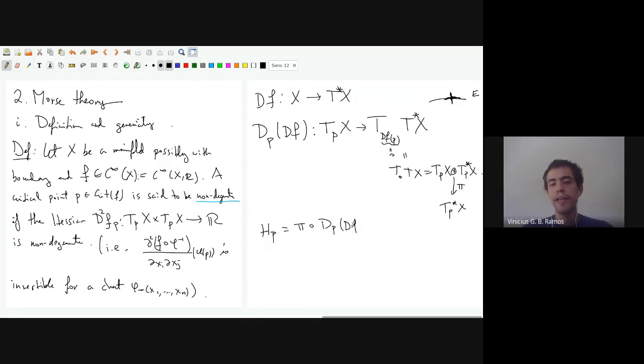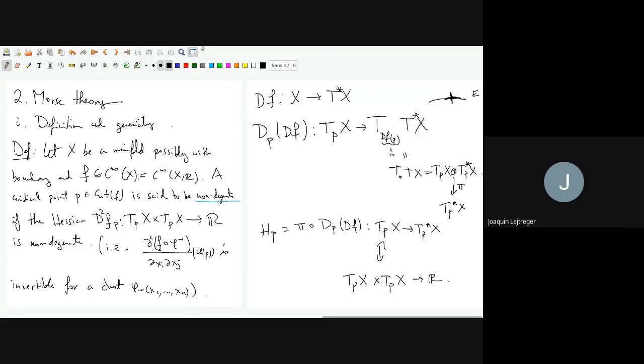So this is a map from T_P X to T_P star of X. And this is canonically identified with a bilinear map from T_P X to R. Okay. Any questions?